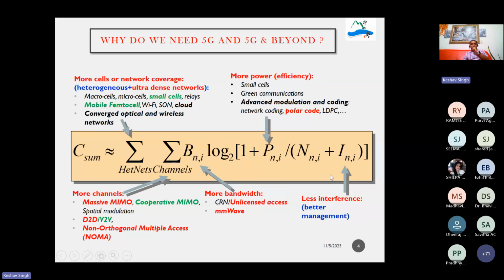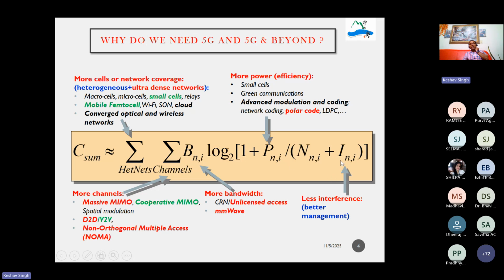And here, inside this log base 2, we can see we have power, the transmit power. The transmitter can increase the transmit power. However, as the transmitter increases the transmit power, it will also impact the interference. But we want this interference level to be very low, because here we have P over it, in the denominator.